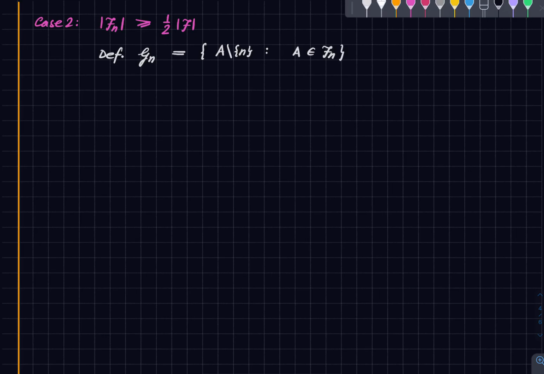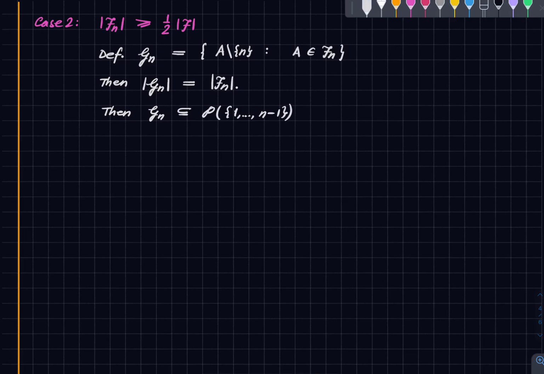Alright, so note that this is same as that. It's a very simple observation. Each member of Fn already had the element little n. We are just editing every element of Fn. So then, in particular, this is a subset of the power set of that.